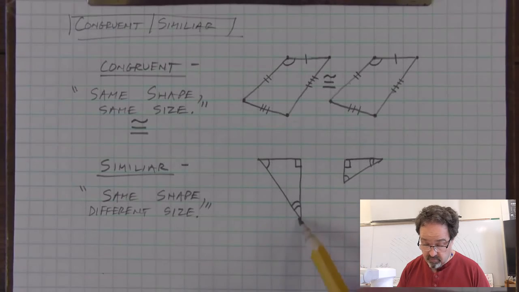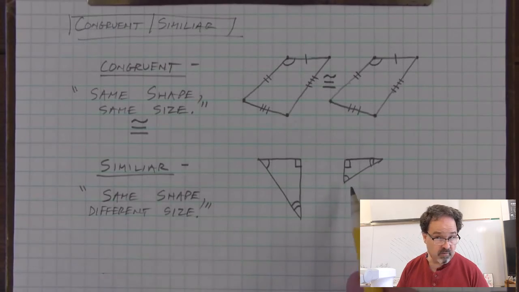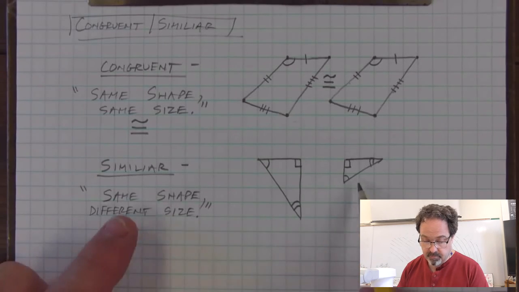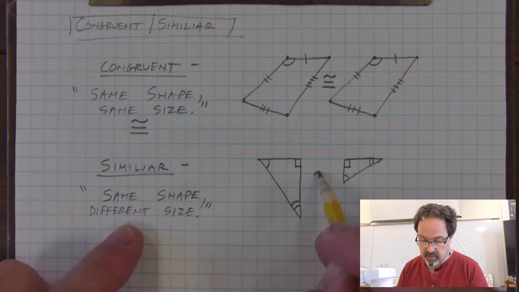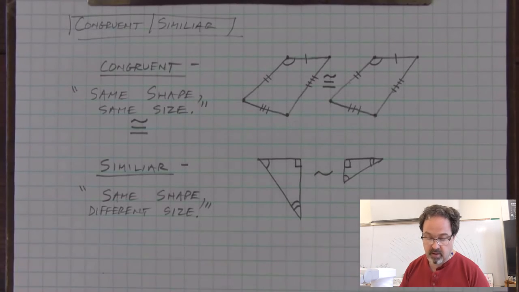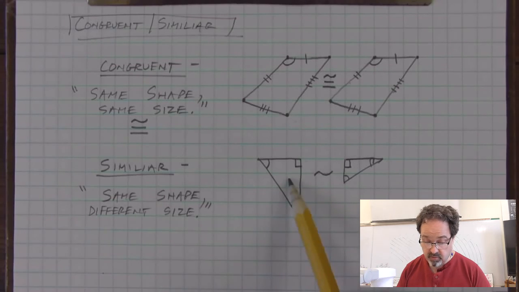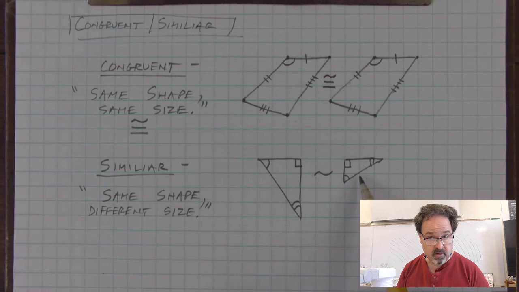The measurements of their corresponding sides are different. If I could show that these two shapes were the same shape but different size, I could say that they are similar and use the symbol in between them to show that relationship. This triangle is similar to this.